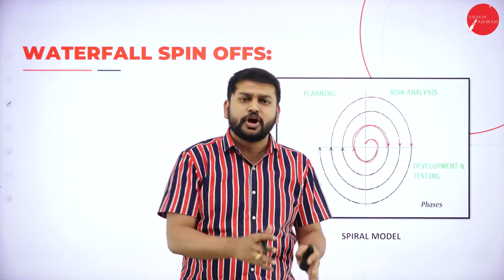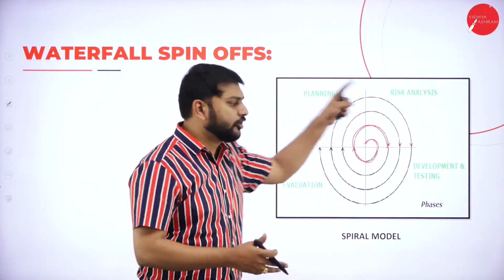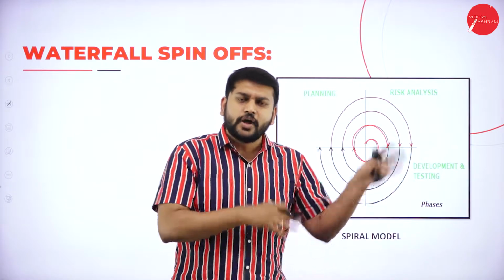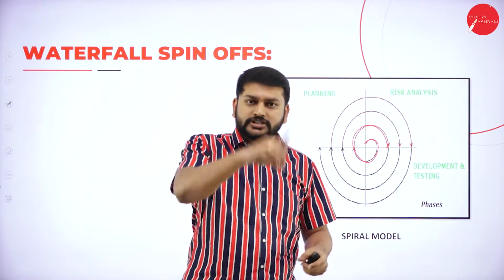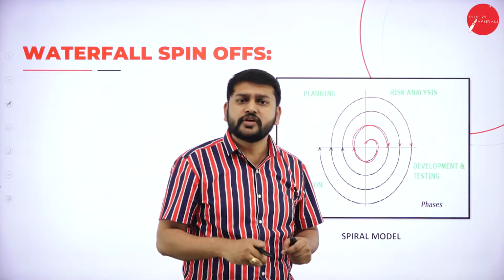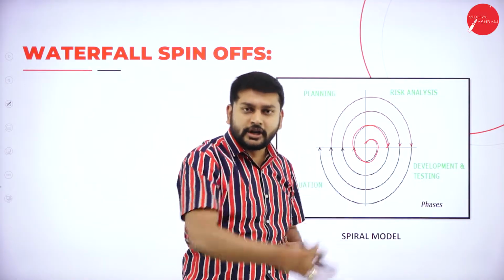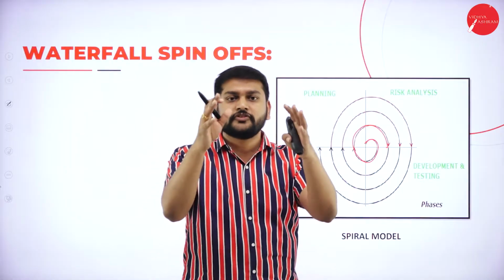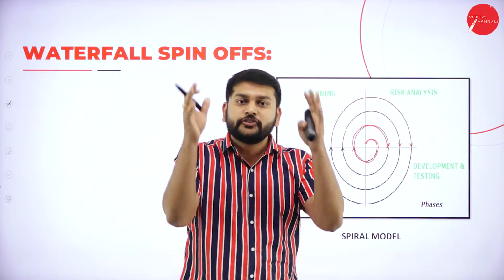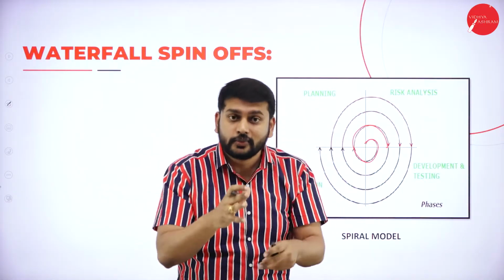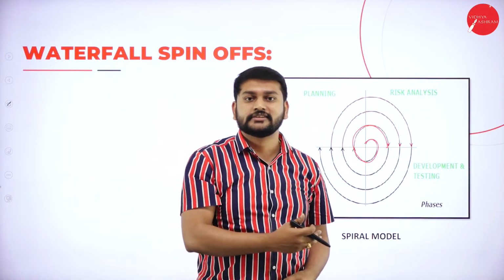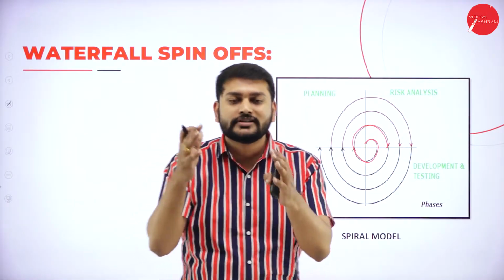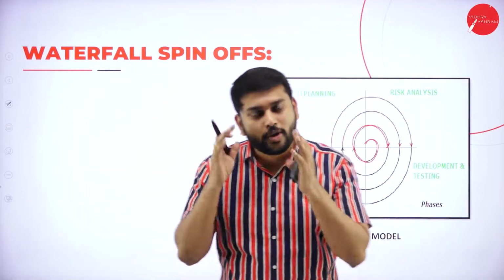The customer will say it's not okay, do some changes. Again, I'll go for one more iteration. I will correct whatever the customer says, repeat the same steps, and give you the final product again. The customer will give me feedback. If he is happy, I'm done. Otherwise, I should go for one more iteration. This is what I call build sequences or build series.